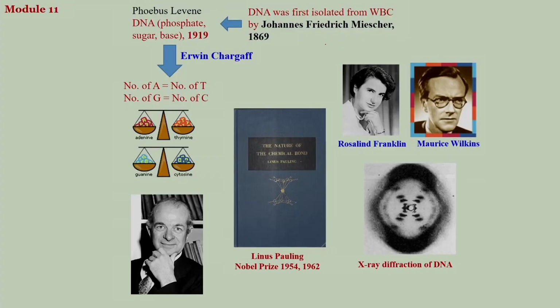For example, it started with Miescher, who first isolated the DNA contents, the units phosphate, sugar and base, and then Chargaff found the equivalency of A and T and of G and C: the number of adenine would be equal to the number of thymine, and the number of guanine equal to the number of cytosine, and this equality exists in all DNAs that he isolated.